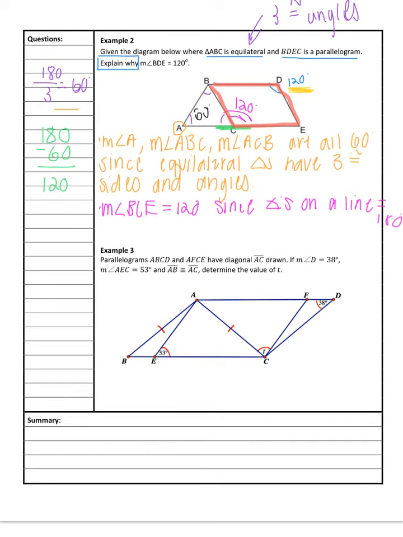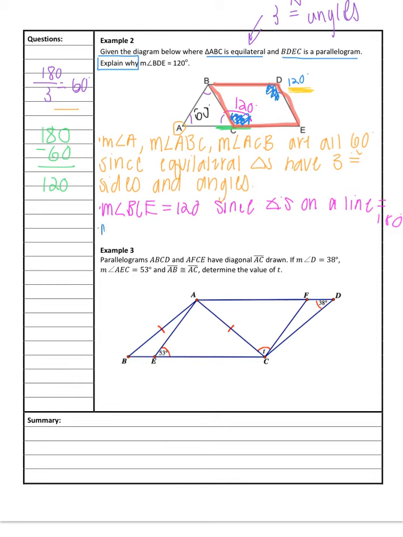This angle was 120. Well, this angle would be considered an opposite angle with angle D. And if you think back to the first page, we talked about how opposite angles in a parallelogram are congruent. So since this angle down here in the bottom left was 120, it's going to force angle D to also be 120. So that's what we're going to talk about in our last sentence.